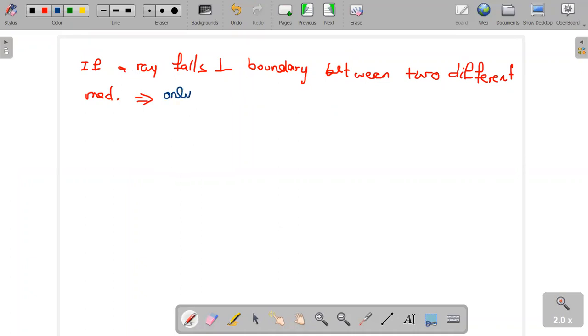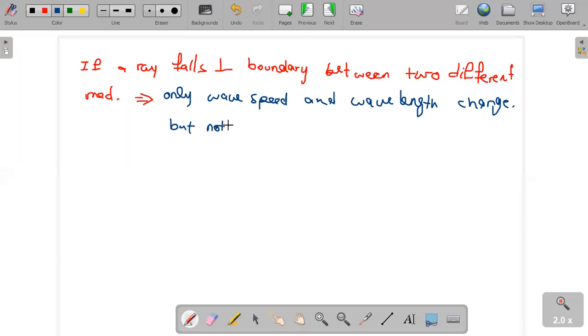only wave speed and wavelength change, but not direction.